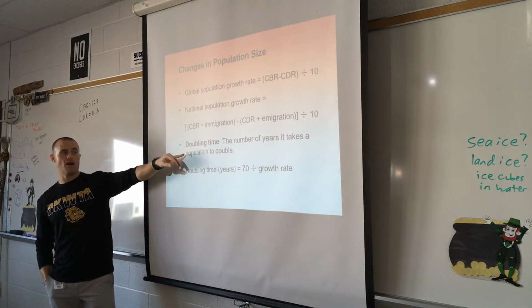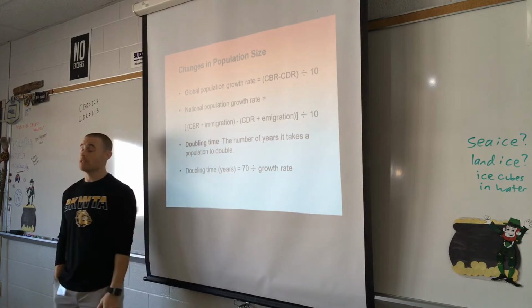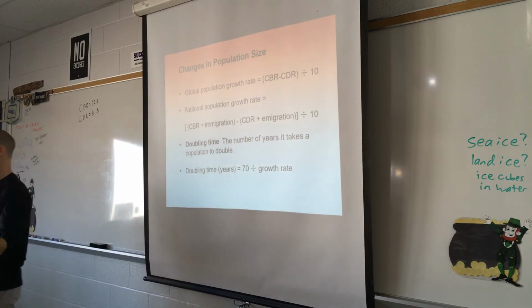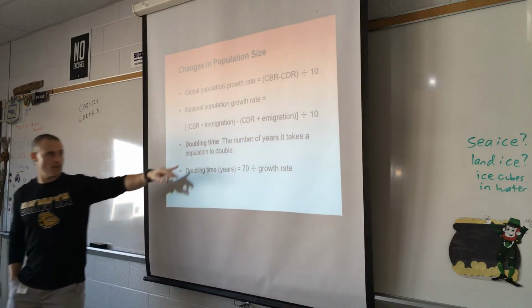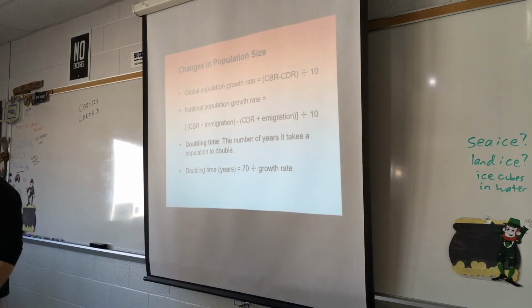So doubling time is important. Demographers, scientists want to know about how many years they think it's going to take for a population to double in a certain country or the world. Why would that be relevant information? Population increase. Gotta know how many people there's gonna be. Why doubling though? Why is that significant? Because twice what you get. Okay, you see how fast it's growing?